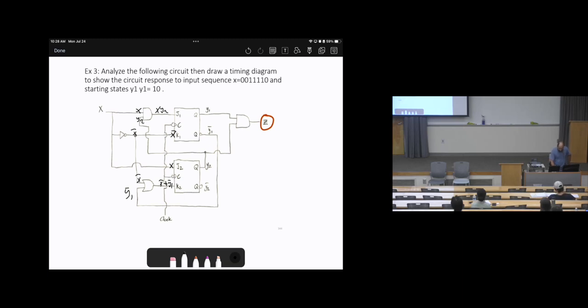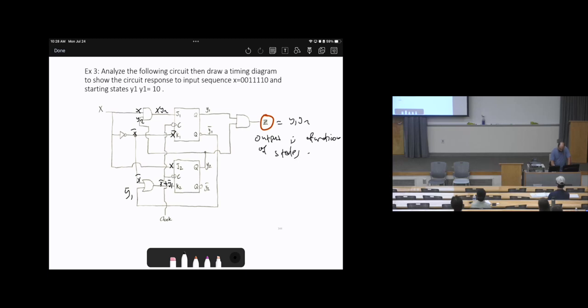Then we can say Z is actually Y1, Y2. So we can realize that the output here is a function of states only.